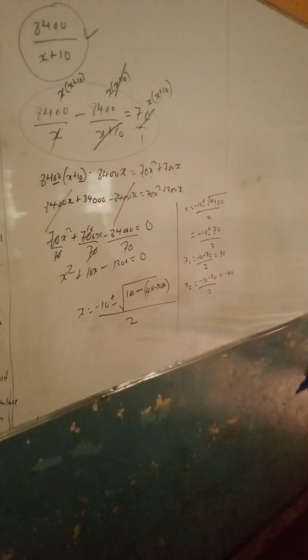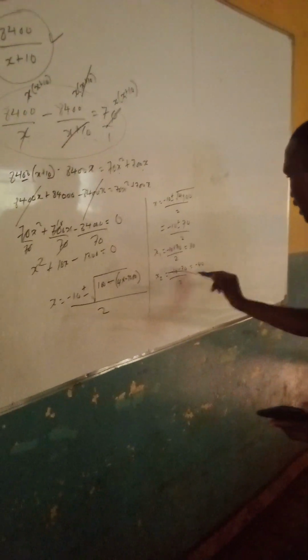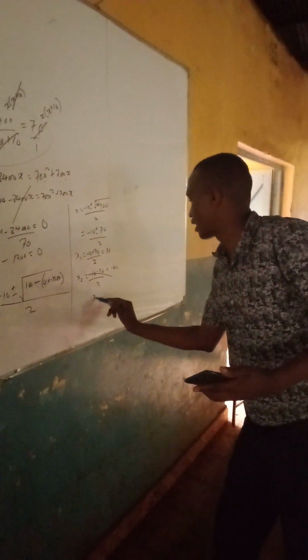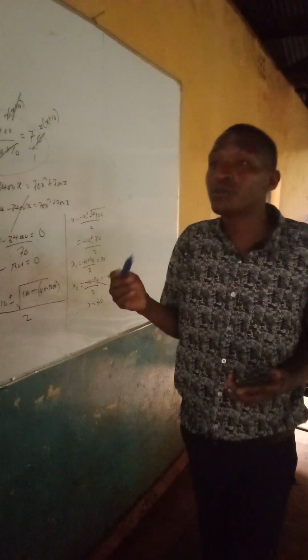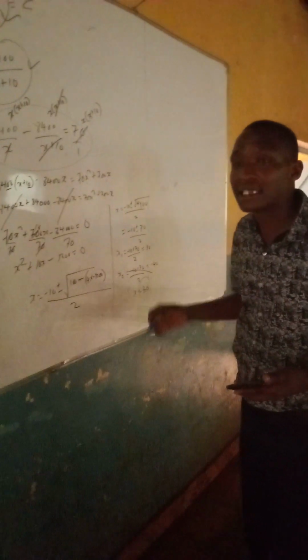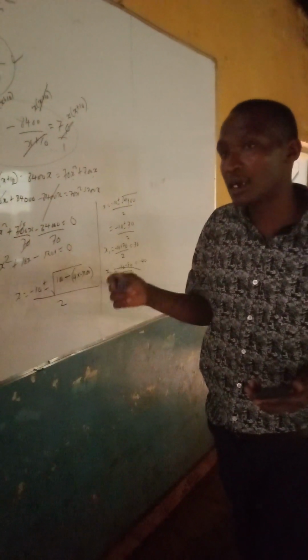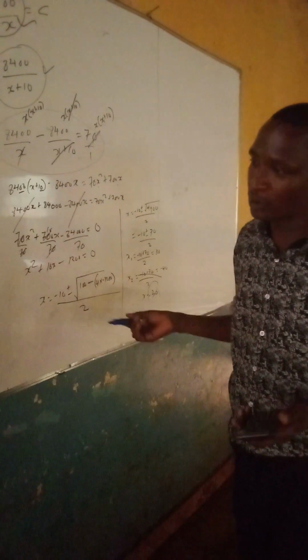But since we don't have negative chicks, we discard this one and say therefore x is equal to 30. So the cost of a chick before identification of the bird flu was 30 shillings. But after identification of the bird flu, it went up by 10, which means 40.